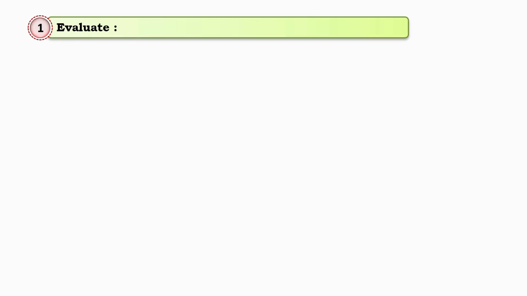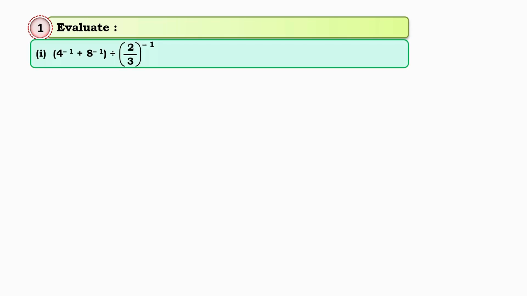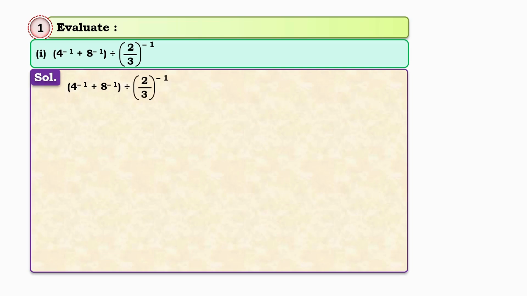Now next question is evaluate this. So let us do it step by step. In each step we are applying the laws. Now do the LCM.